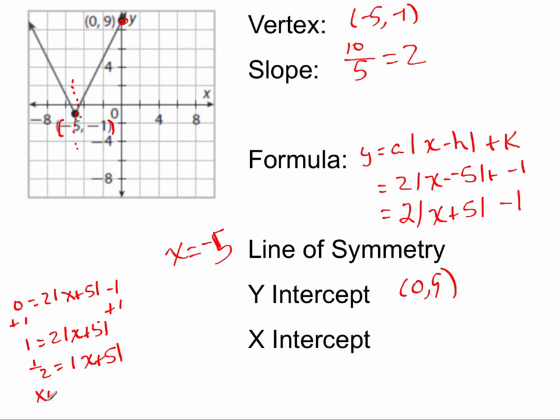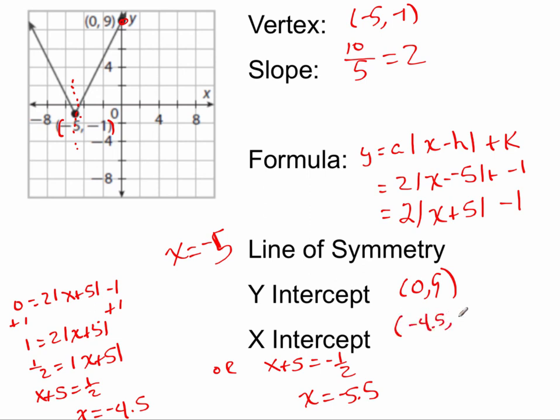So x plus 5 is 1/2, or x plus 5 is minus 1/2. So in this case, x is minus 4.5, or in this case, x is minus 5.5. So my x-intercepts are going to be minus 4.5 and minus 5.5.